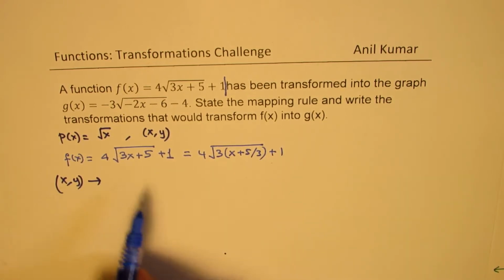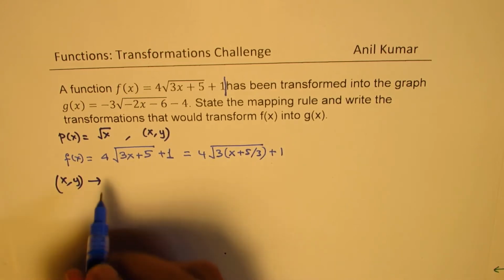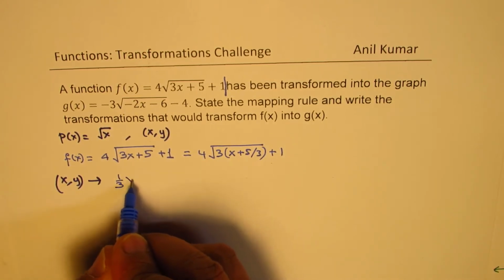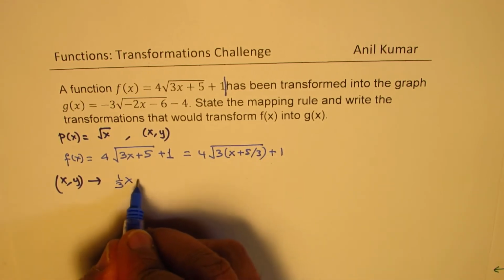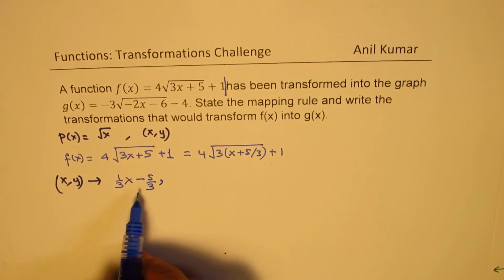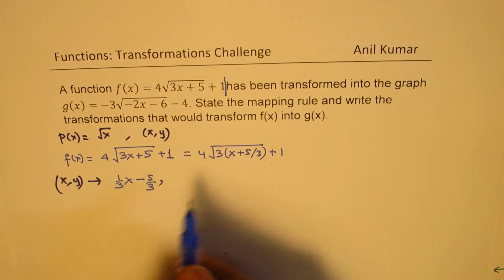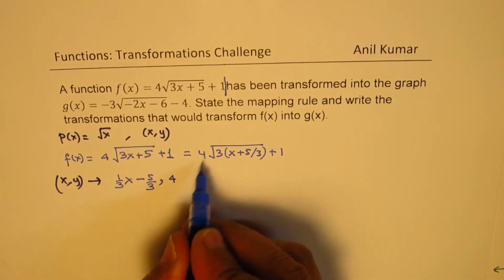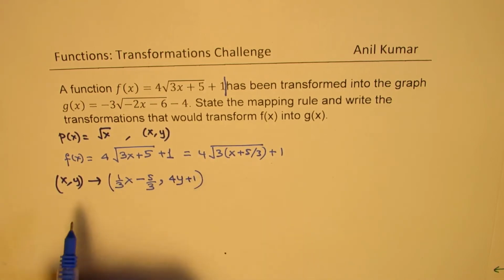And clearly, the mapping is that horizontally it has been compressed by 1/3, so it is 1/3 of x, and then shifted 5 over 3 to the left, minus 5 over 3. So that is what happens to the x points if we compare with the square root of x function. As far as the y points are concerned, they get multiplied by 4 and then translated 1 unit up. So for f of x, that becomes the transformation.